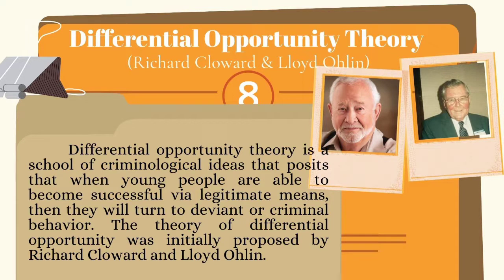Cloward and Ohlin's differential opportunities theory connects learning, subculture, anomie, and social disorganization ideas. On the one hand, the approach is Sutherland-based, assuming that criminal motivations, tactics, and rationalizations are taught through criminal relationships.